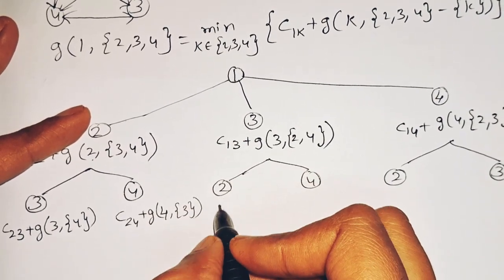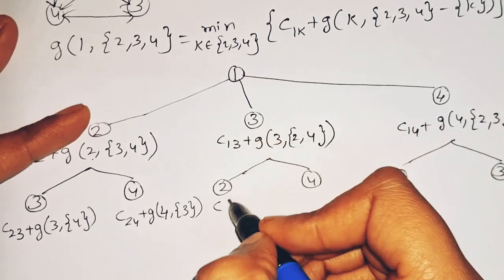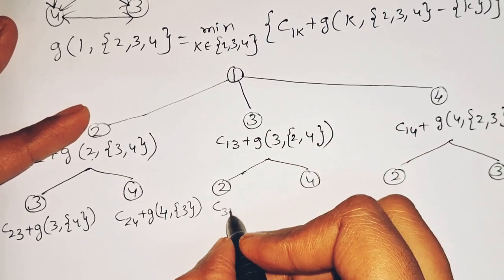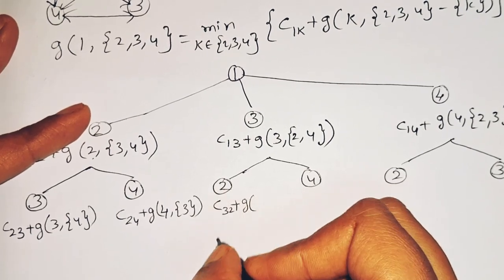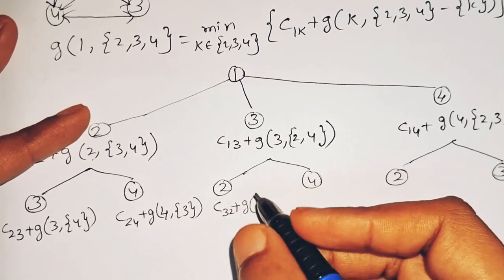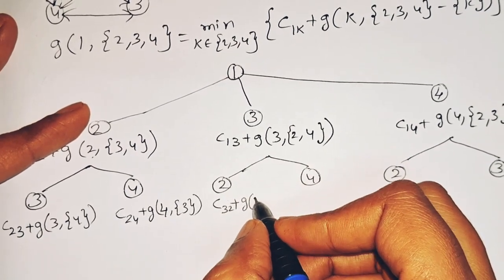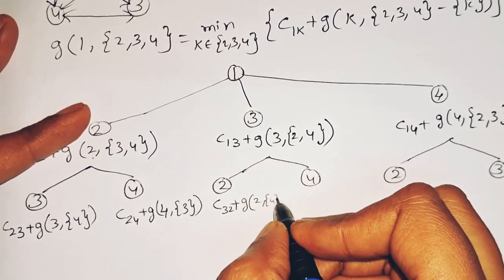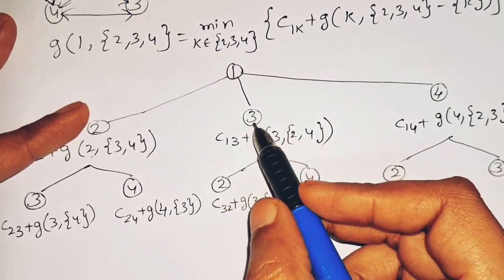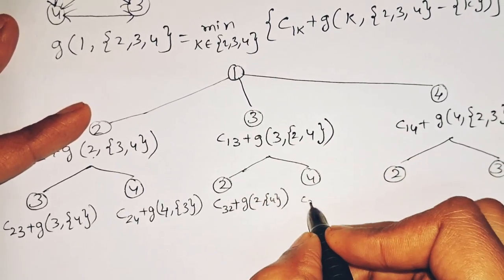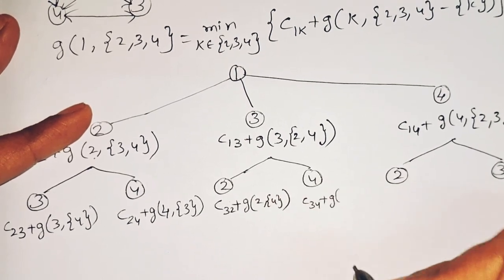So similarly here for 2 we are going to write down. From 3 we have traveled to 2. So C 3 2 plus G of, from 2 where can we visit? The next visitable node is 4. So G of 2 comma 4, right? So here also, from 3 to 4 we have traveled. So we need to find out G of 4 comma 2.